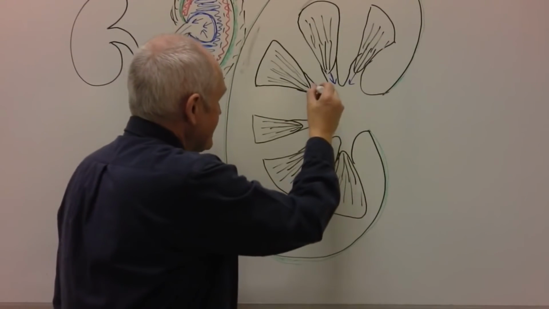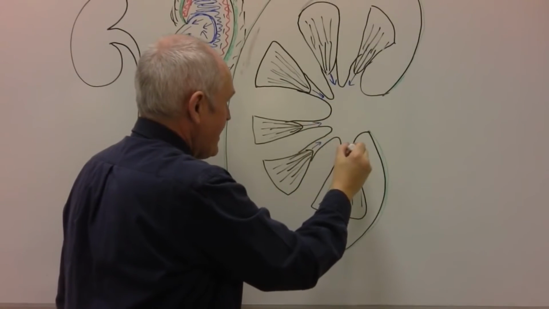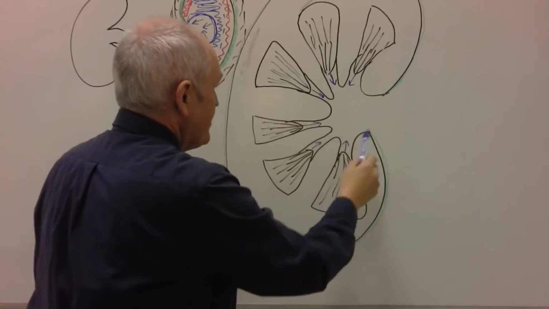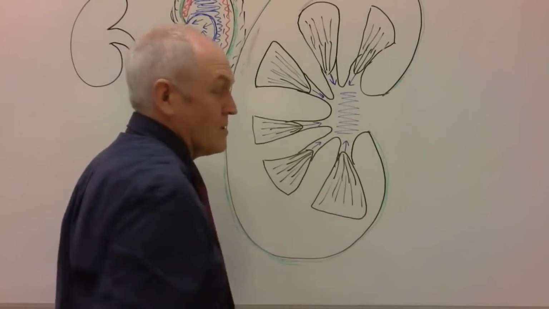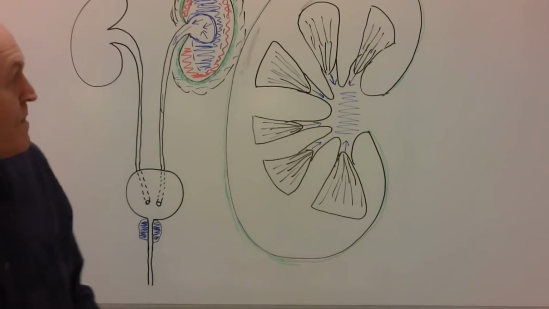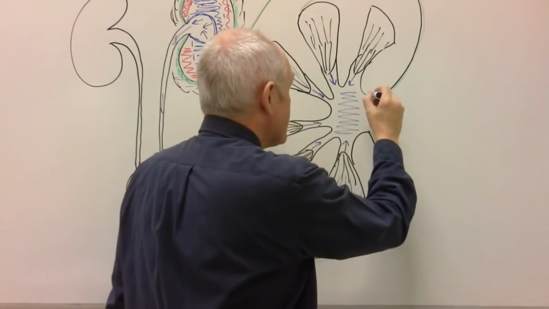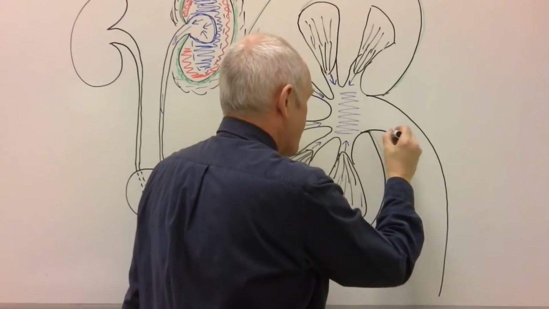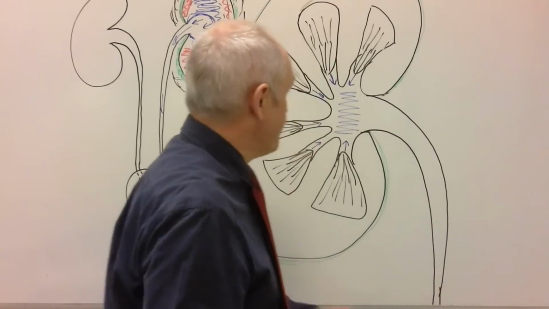So these are collecting the urine as it passes out of the apex of the renal pyramids, and so the urine from there goes into the renal pelvis. And from there, the ureter is continuous with the pelvis, and the ureter will take the urine down towards the bladder.